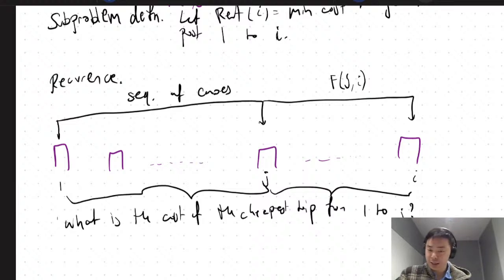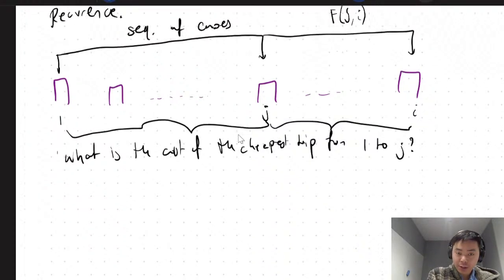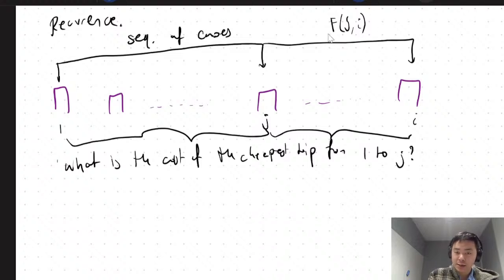Yeah, rent j plus f ji. That is very good. So if I look at this sequence where I go from 1 to some index j and then I go directly from j to i, the cost of going from j to i is just f of ji, and the cost of the cheapest trip from 1 to j is just rent of j. It's just the subproblem itself.